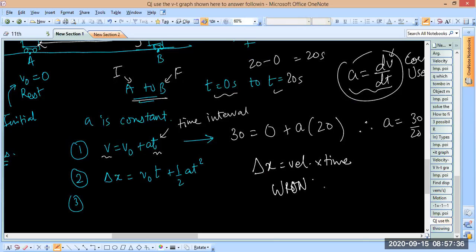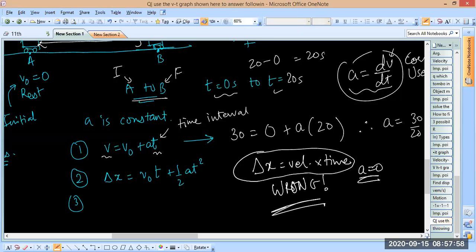Remember, this only works if acceleration is zero. Clear? It will not work otherwise. So obviously it's not going to work here, so that's not going to be valid.